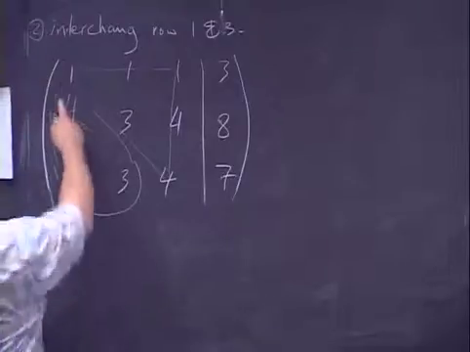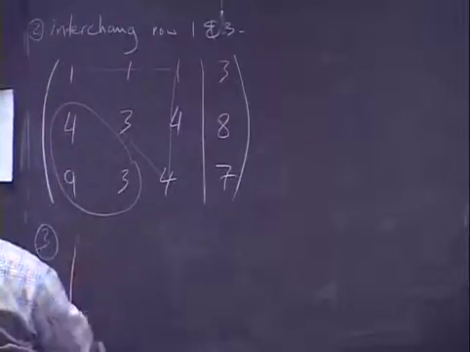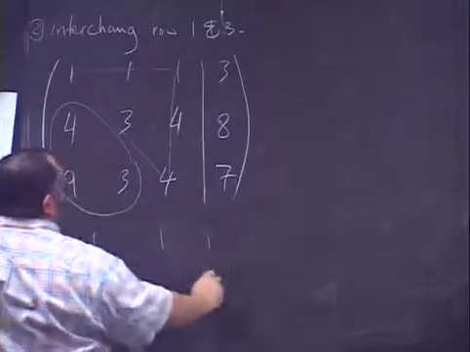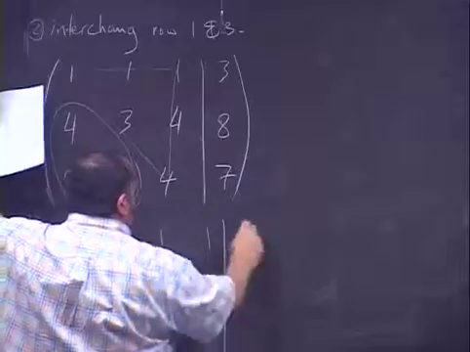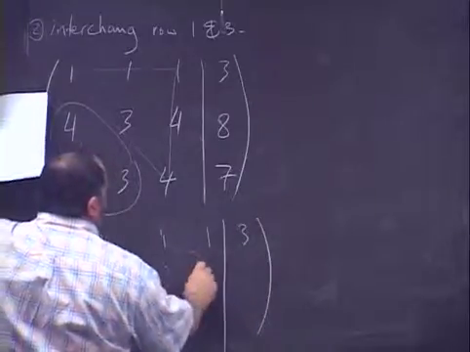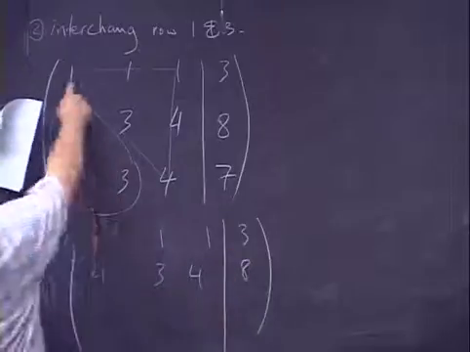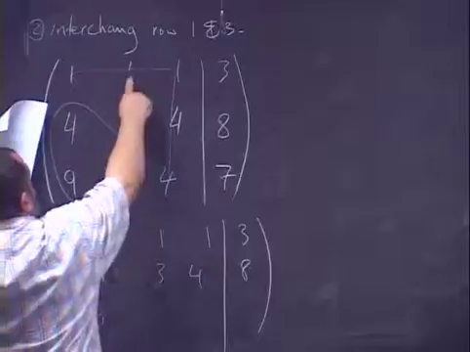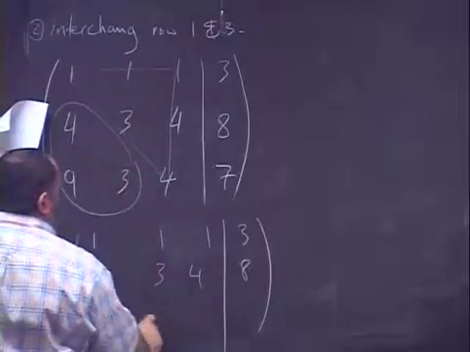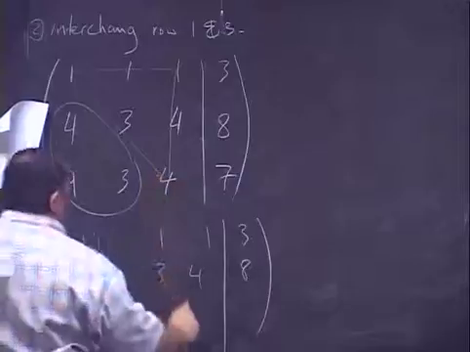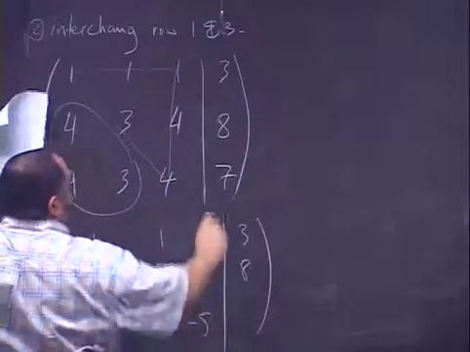So 9 by 1 is 9, from 9 is what? So we'll have 1, 1, 1, 3. The second one will not do anything. So we'll subtract. 9 from 9 is 0. 9 from 3 is minus 6. And 9 from 4 is minus 5.